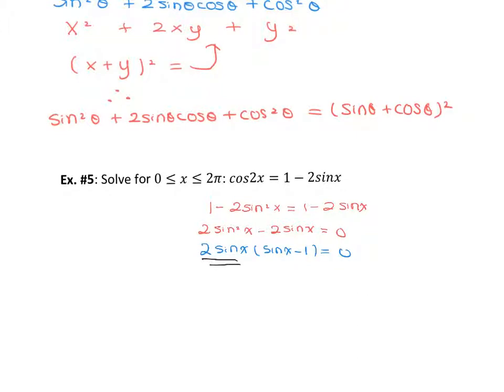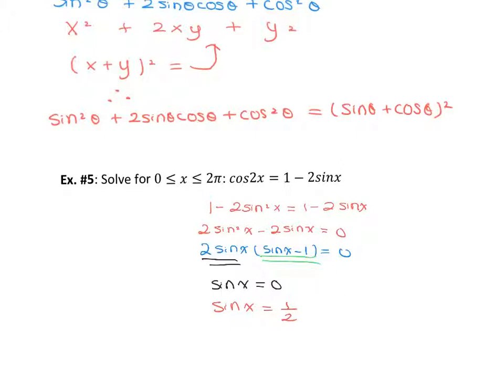You set that equal to 0, you get sine x equals 0. You set this equal to 0, you get sine x is equal to 1/2. You think on your unit circle, once again, what are all the values for sine that equals 0.